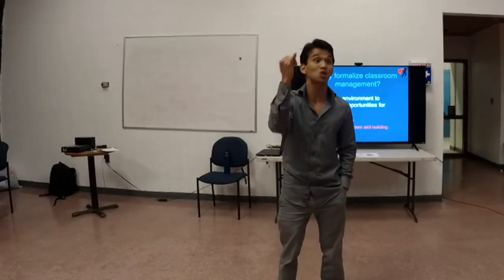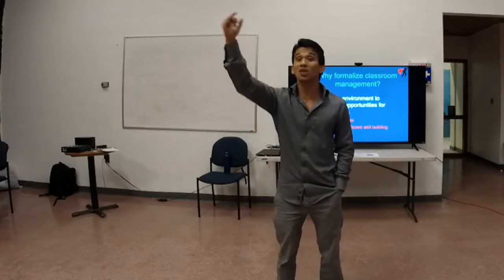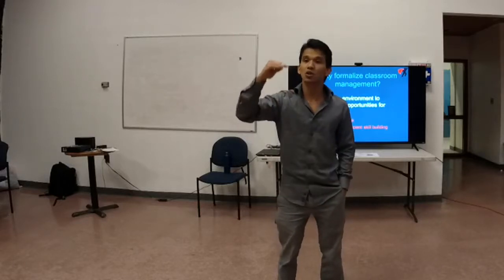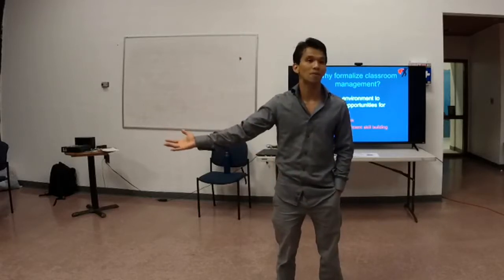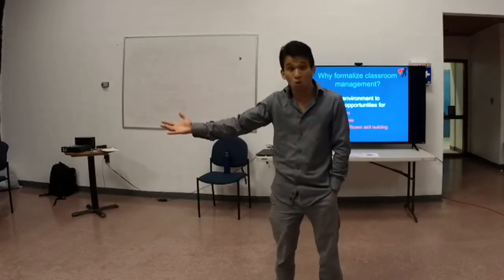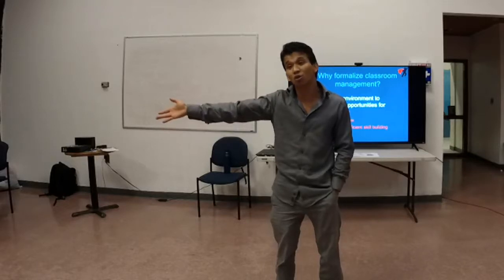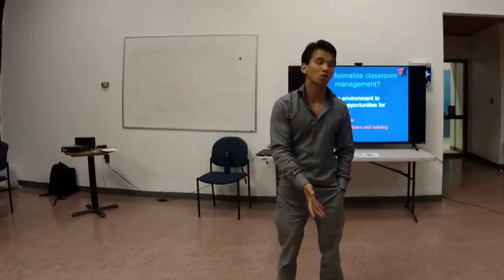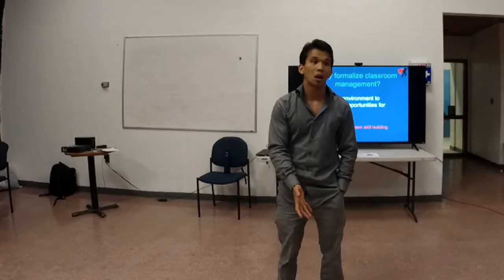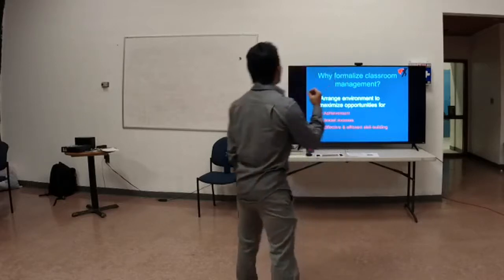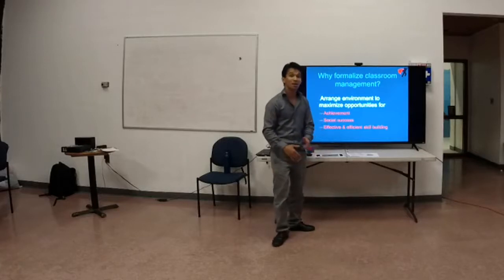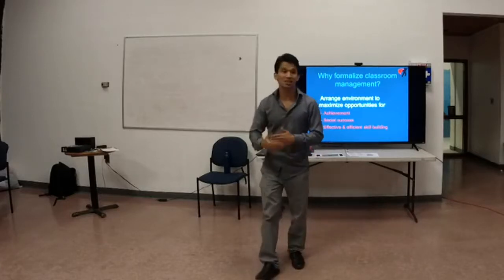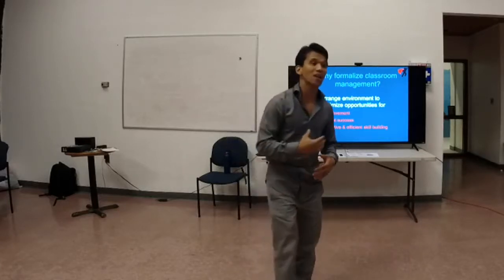It's too hard, or it's too easy and they're not seeing some sort of gradual success, or they're not socially engaged and they'd rather, social butterflies, they'd rather talk to their friend than pay attention to the skill building that's happening. But if classroom management is formalized, these three things happen and it pretty much repeats itself. You don't need to manage the classroom as much because these things are happening.